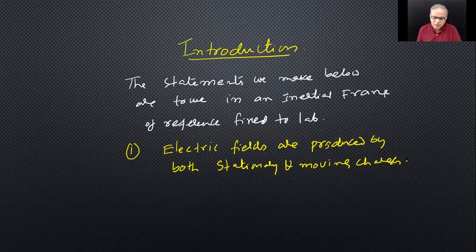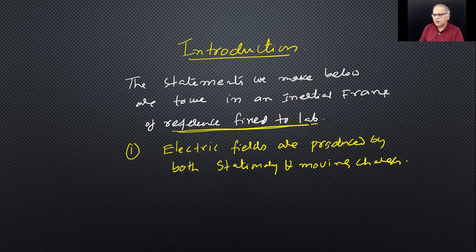You do not have to bother now what is stationary and what is moving, because you were already told we are standing in the lab. So you're not in any reference frame which is moving. So stationary means what? Some charges are stationary on the table. Or moving is what? Some charges are moving in a wire when you connect it to a battery which is placed on the table. So electric fields are produced by both stationary and moving charges.